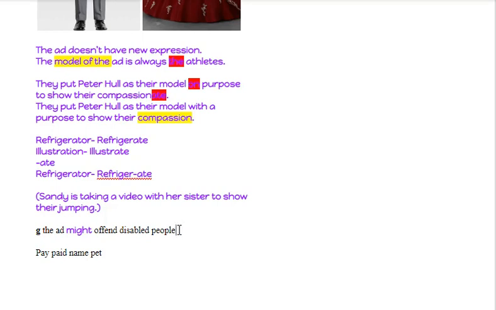If you pronounce this one as aid, it will look like this: the aid might offend disabled people.